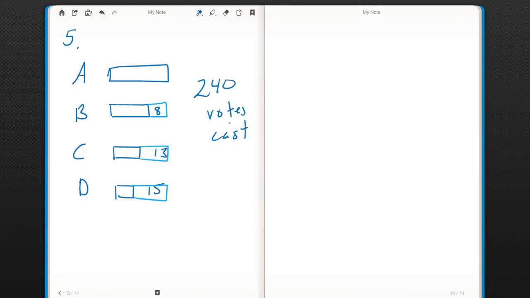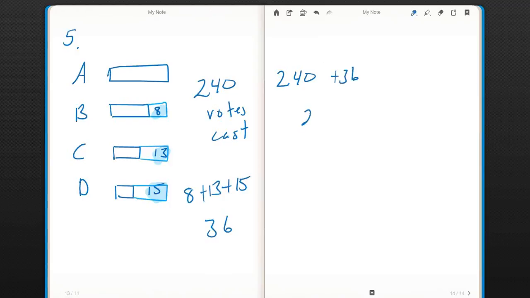We're trying to find the lowest number of votes received by an opponent. Clearly, if I combined these 3 numbers and added them to the votes cast, 8 and 13 and 15, 10, 20, 36, is 276.